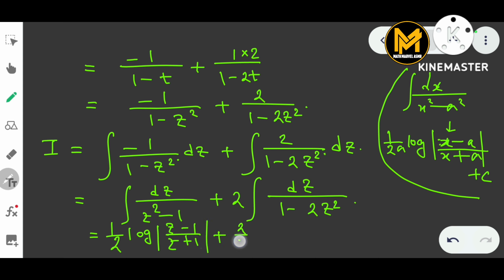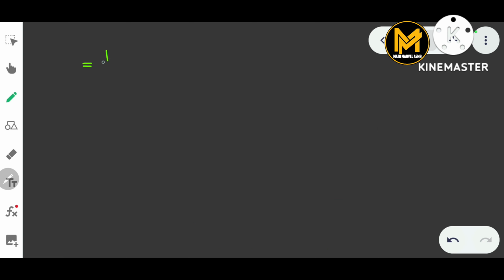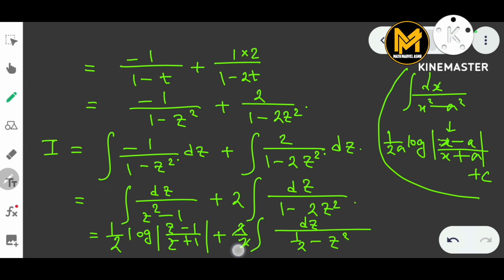Now we will take 2 common from the denominator in the second part, so it will be 1 by 2 minus z square. Now 1 by 2 log mod z minus 1 by z plus 1 plus of 2 will be gone.